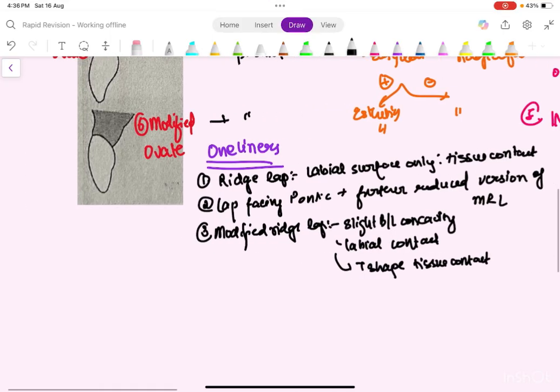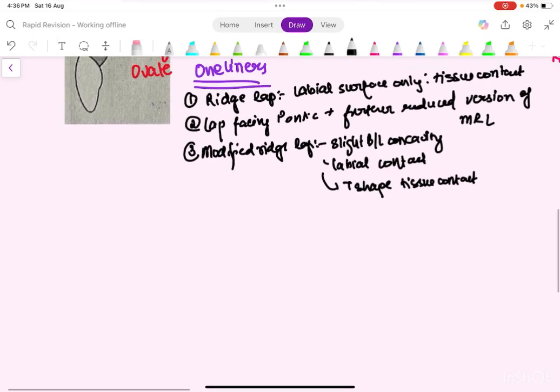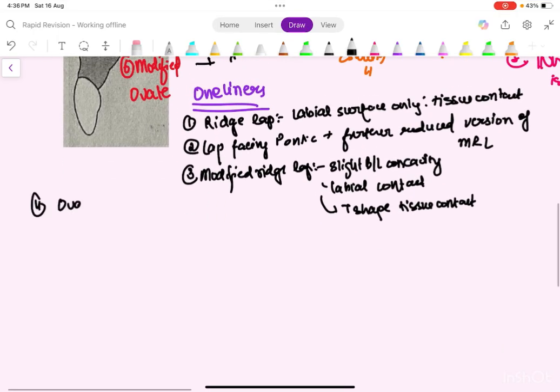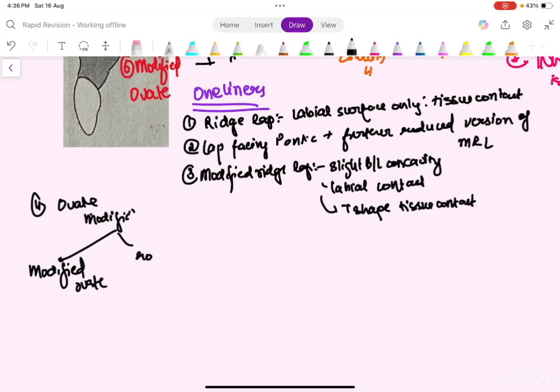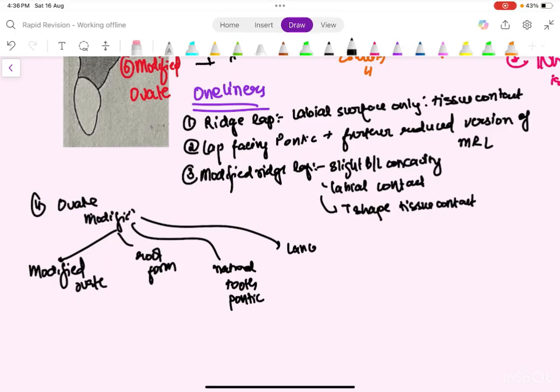Now ovate is further of many types, so I'll just talk about them here. Ovate. Now modifications. So first is modified ovate, then root form, then natural tooth Pontic, then Landsberg Pontic.